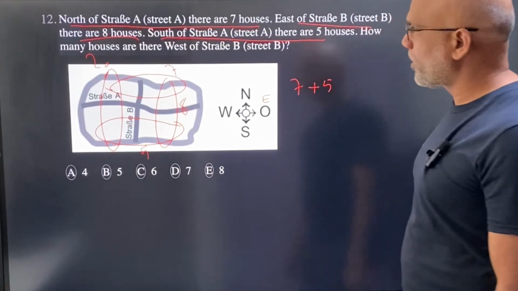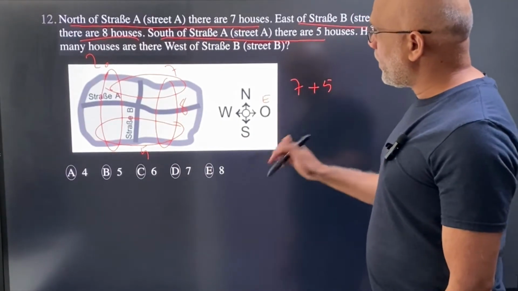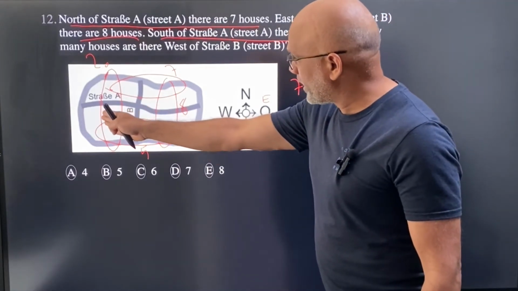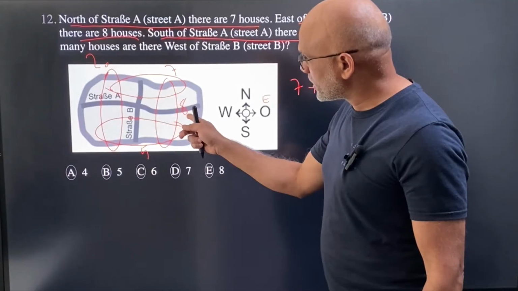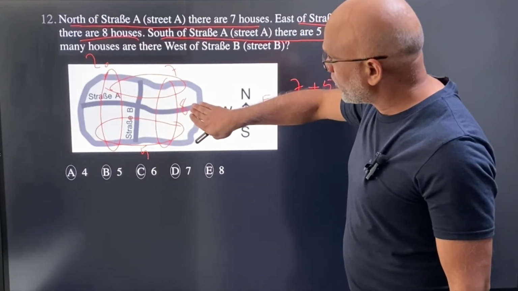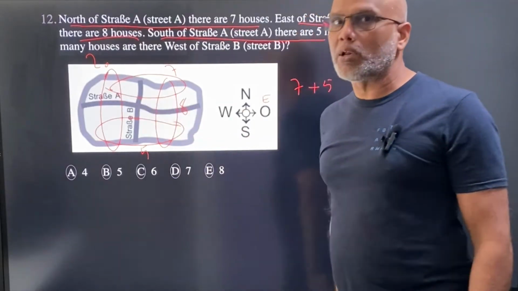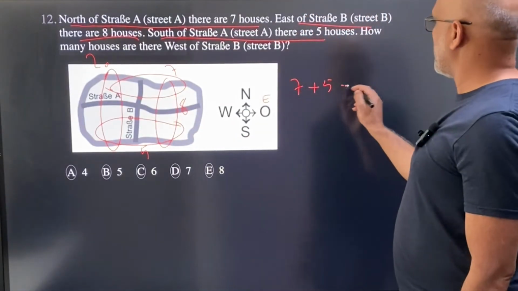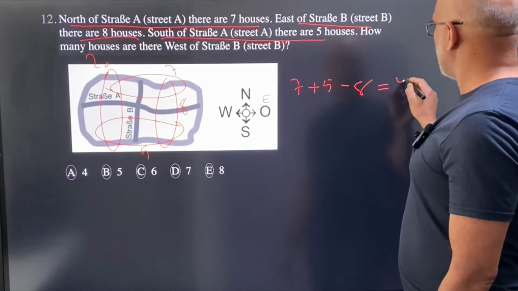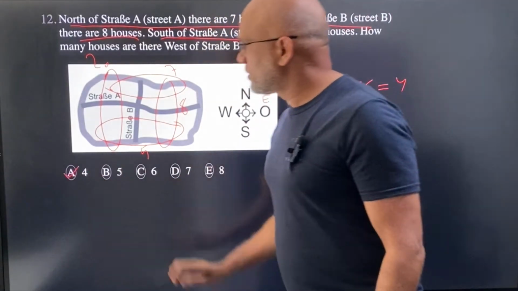Now I want how many houses are there on the west, but I know the number of houses on the east. So if I take away the total number of houses on the east, that should give me the total number of houses on the west. So minus 8. So 7 plus 5 is 12. Minus 8 is equal to 4. A is the correct choice.